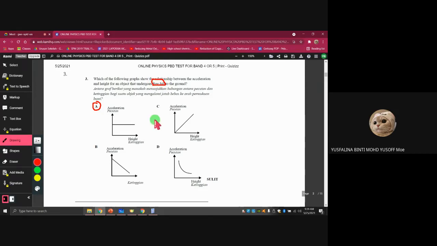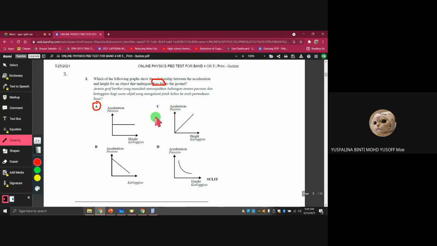Free fall means the acceleration only considers the gravitational force, so it falls only under the influence of the gravitational force. The gravitational force is 10 Newton, right? But the acceleration will always be the same, that is 9.81. So the answer should be A.